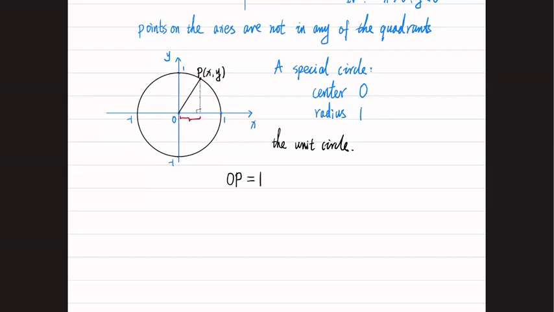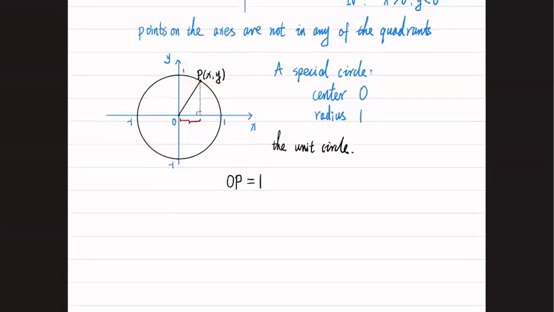So this point x, y, what does this mean? The coordinates. So it means this will be the x coordinate. So that distance would be from 0 to x. So this will be x. What about this? y.